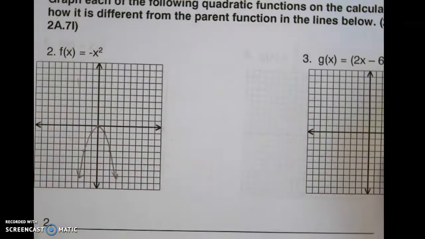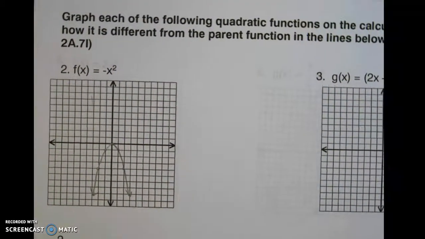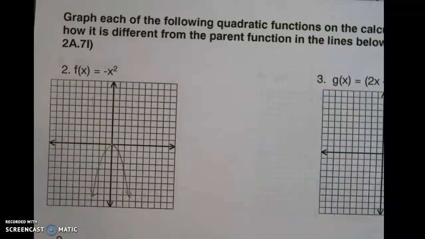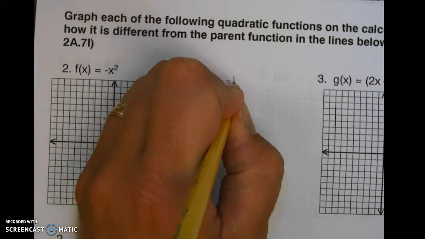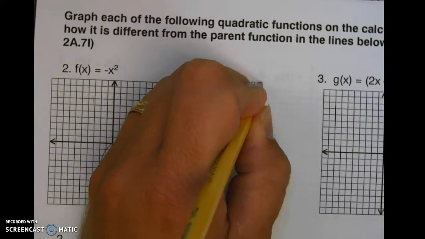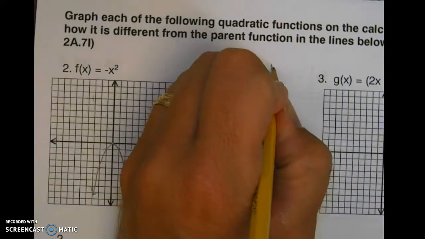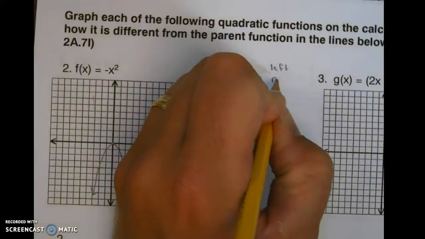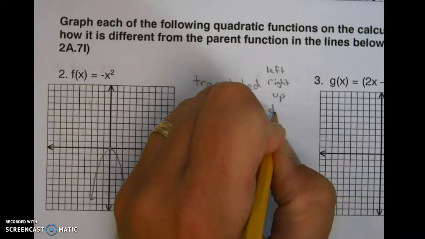So the words that we're looking for to compare are words like translated. And then a direction. For example, left, right, up, down.